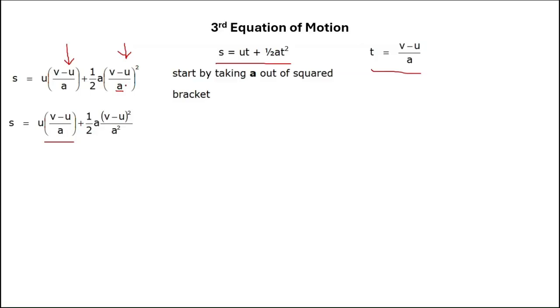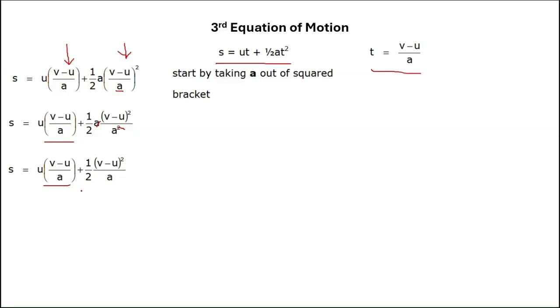We have just separated out a. Simplifying again, s is equal to u (v minus u) divided by a, plus half a square, and the a gets cancelled by the square. The remaining thing is half (v minus u) square divided by a.